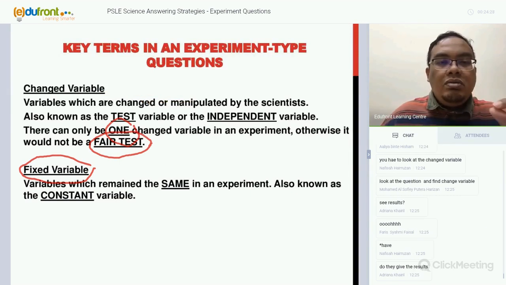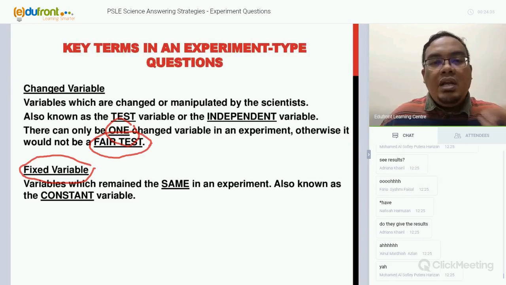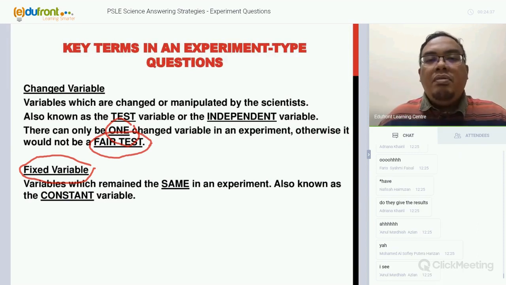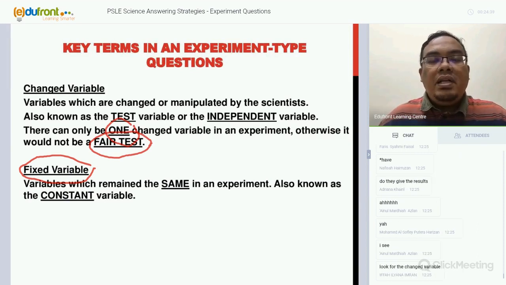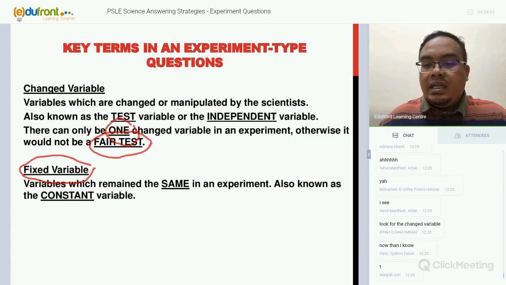So the clue to writing a correct aim of experiment is you need to have the change variable in your aim. If you do not have the change variable, your aim of experiment is wrong. So it is very important that the aim of experiment must have the change variable inside it. Yes, very good. Look for the change variable. Okay, Faris, now you know. Very good. At least it's not too late.